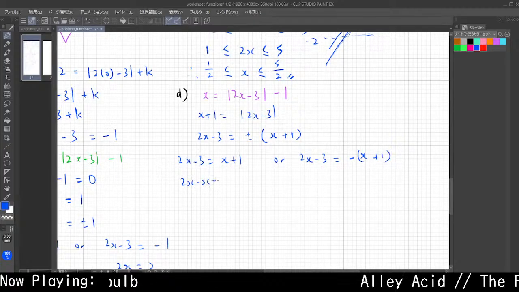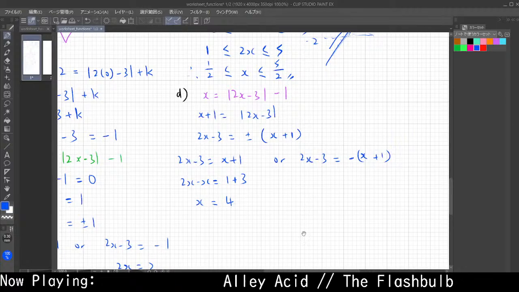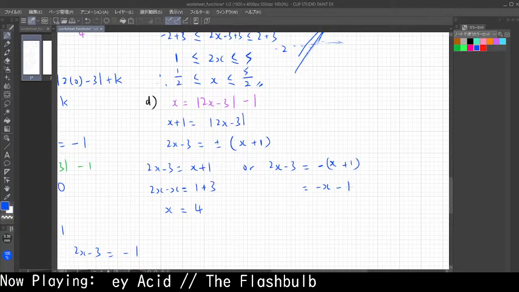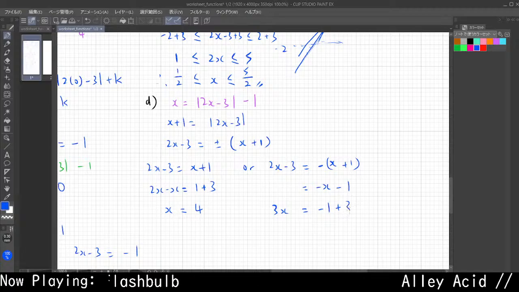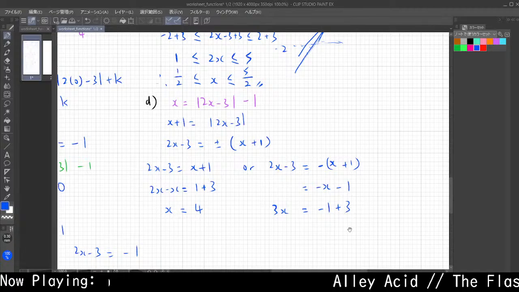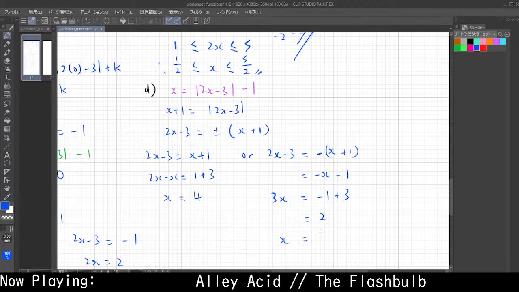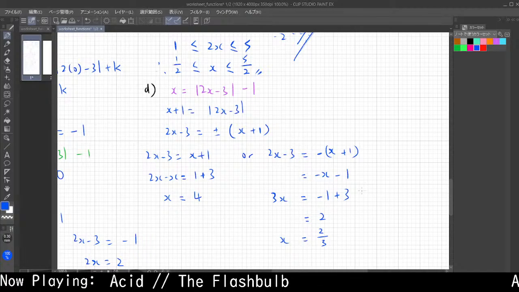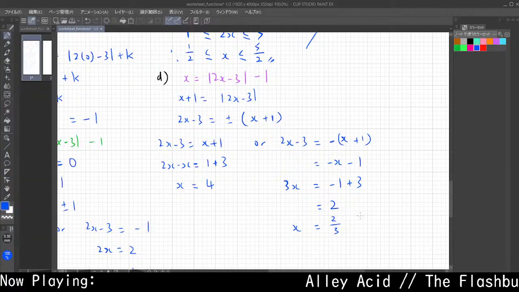I can't ask you to not make careless mistakes because we are human, and no matter what happens, you will be careless. It is important to acknowledge that fact, but it is also possible to reduce it as much as you can. Do I still make careless mistakes? Yeah, I do, like when I write the answers for you guys. But the important thing is to reduce them as much as possible.